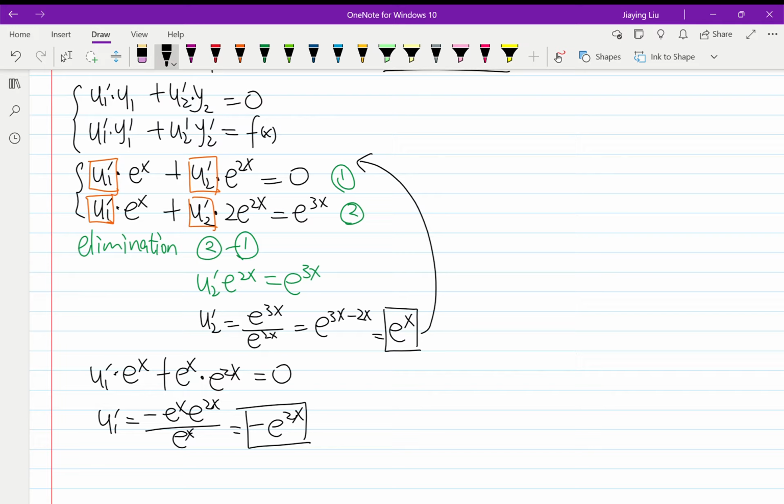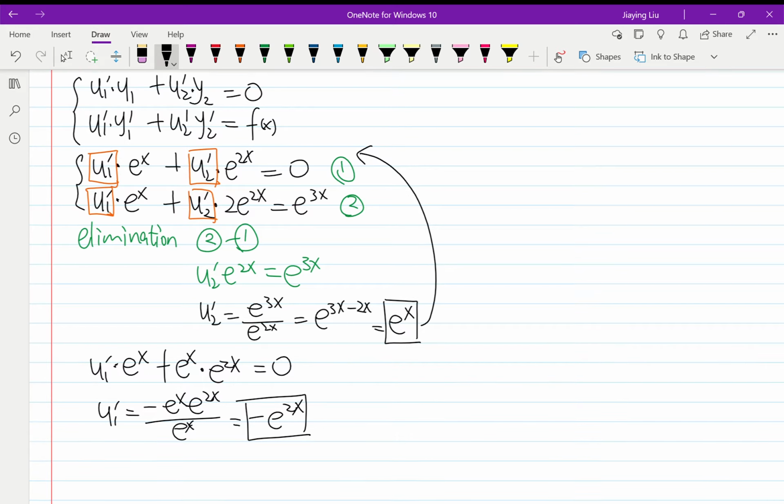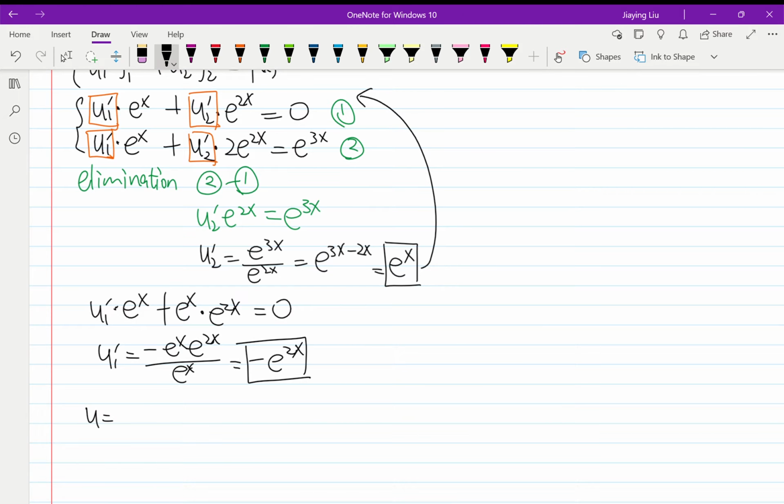Remember that we're solving for the particular solution, right, which requires u1, u2. So far what we have is a derivative of u2 and a derivative of u1. Then we need to integrate each of them to figure out u1, u2. So u1 equals the integral of negative e to the 2x dx.